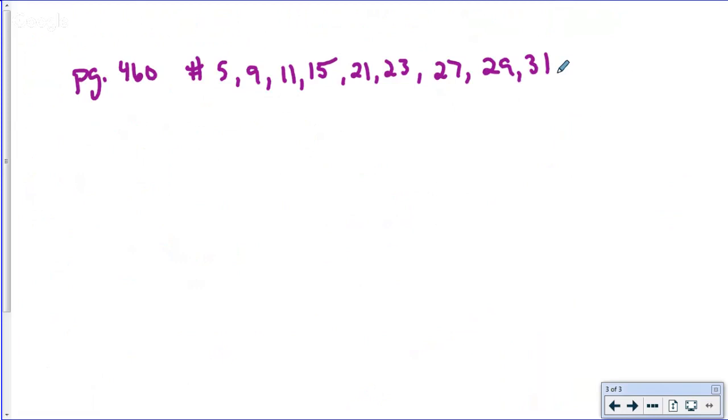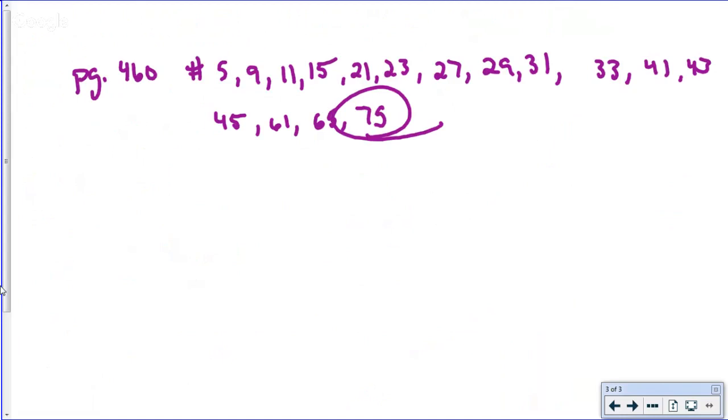Those are just matching some graphs up. 33, 41, 45, oops, I forgot 43. 61, 65. And then let's check on the catch the mistake problems, and let's do number 75.